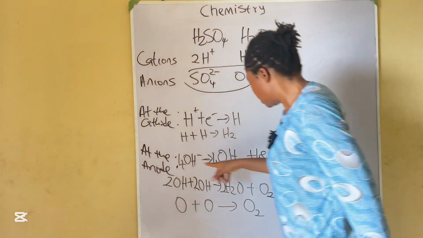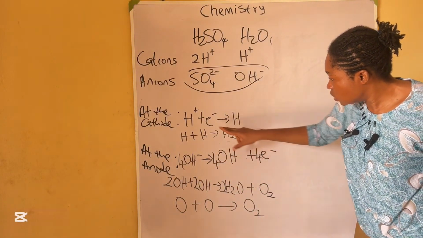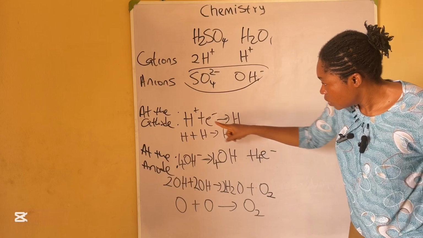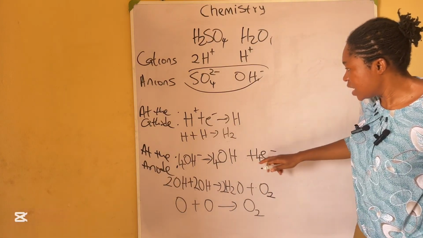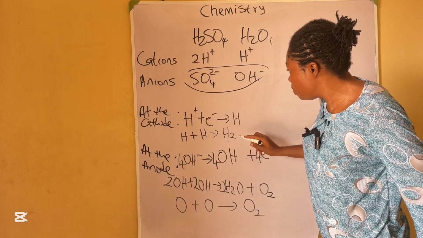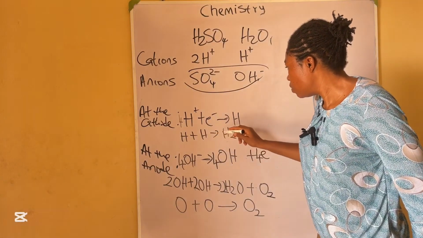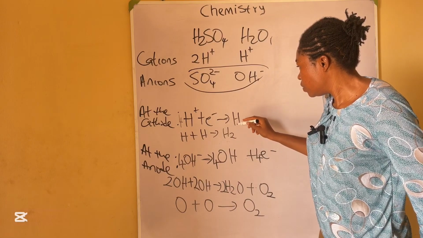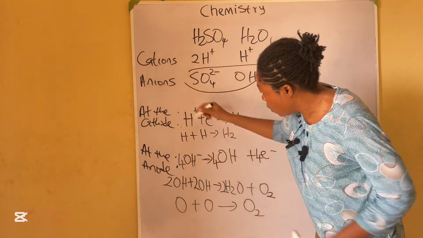Which means if I want to also balance this electron for the anodic half equation, since I have 4 electrons here, I will also come here and put my 4. That's what it means. Yes, I'll put 4 here.